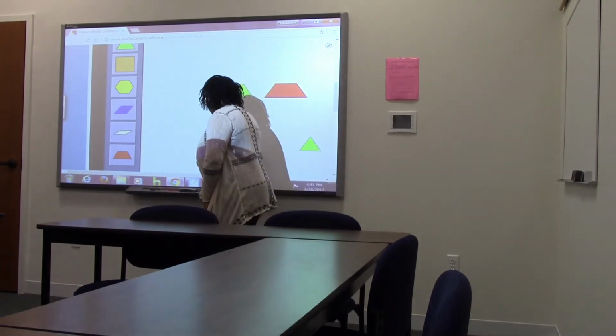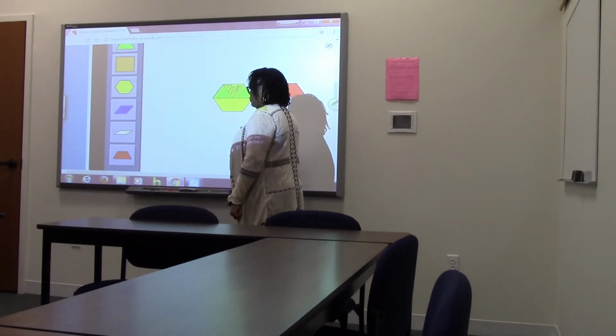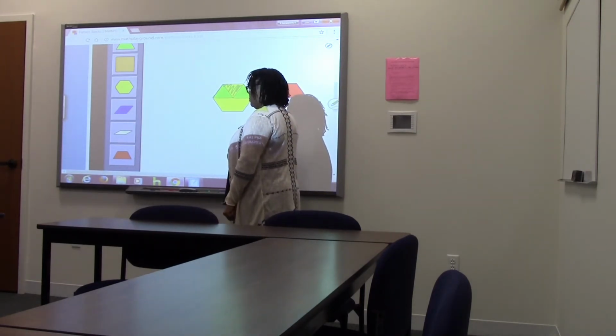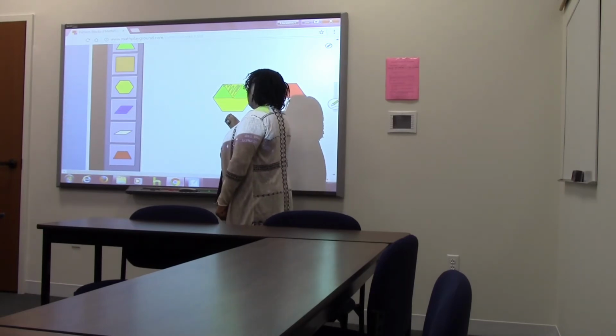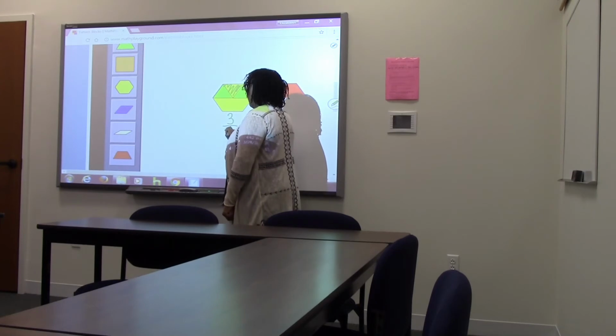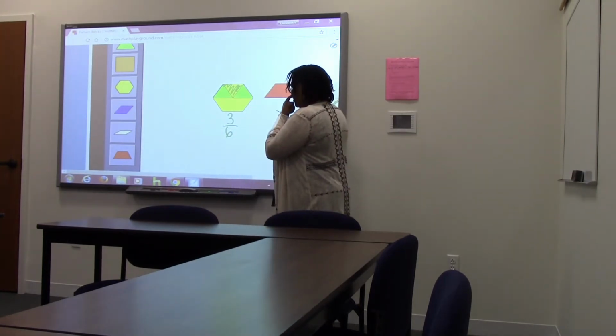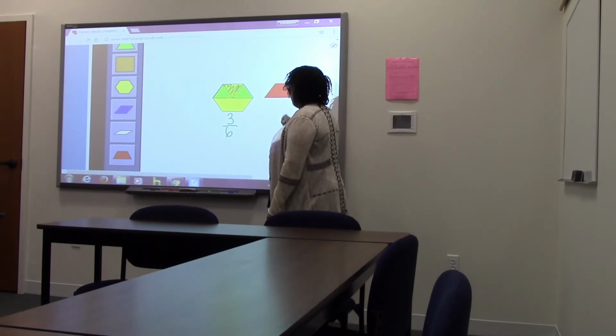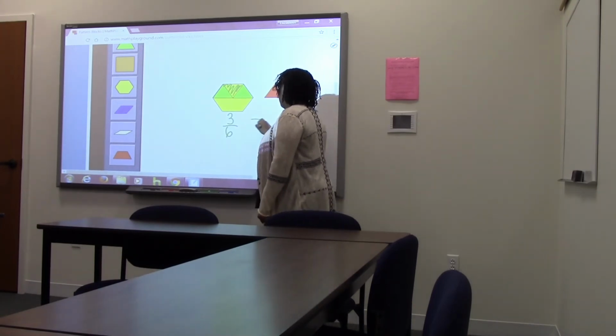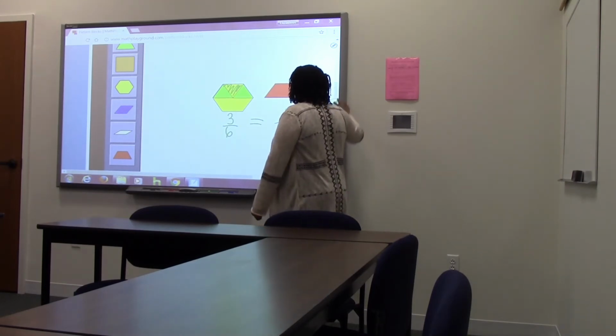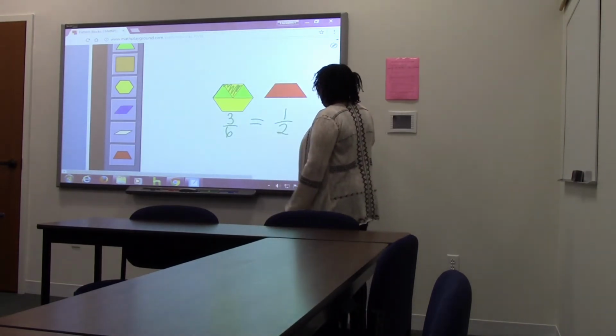So what fraction do the three triangles represent? 3/6, because there's 1, 2, 3 triangles. 3/6. And this one represents what? 1/2. And so now we know that these two fractions are equivalent.